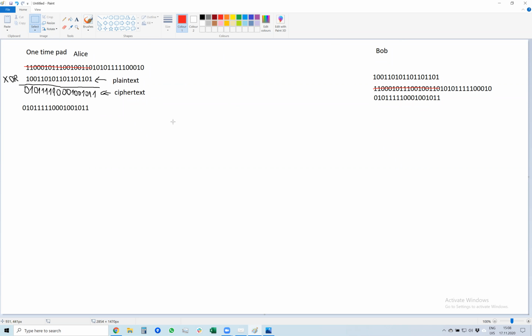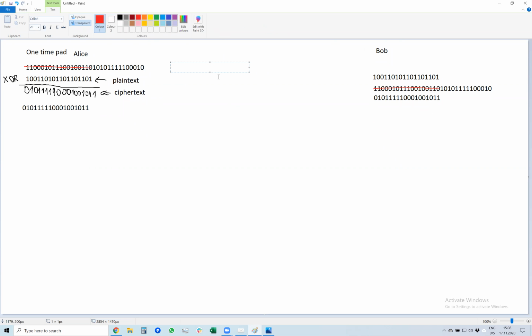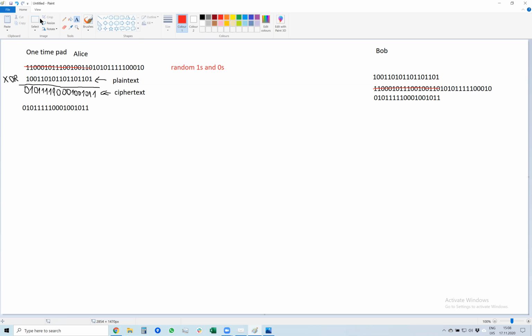Now let's look at some important properties when we're doing XOR. I'll just write down that this one-time pad is random ones and zeros. Let's talk about the following properties of random ones and zeros. Random ones and zeros means that the probability of each of these bits to be 1 or 0 is 50%.